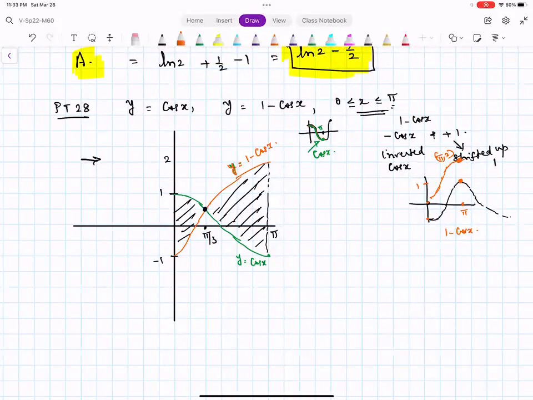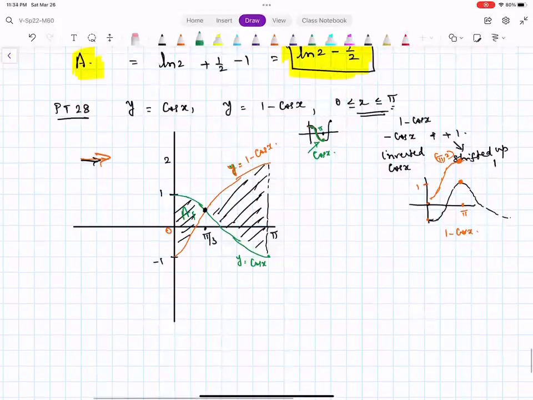If I combine these two graphs, I get the graph as shown in the picture. We notice that in the interval 0 to pi, in one part the green graph is higher, in the second part the red graph is higher. So let's divide the area into two parts, A1 and A2.